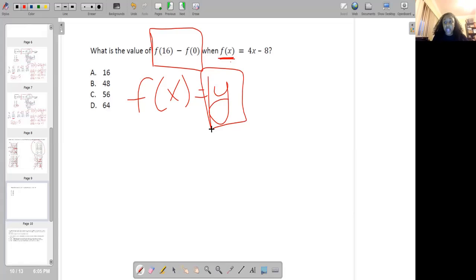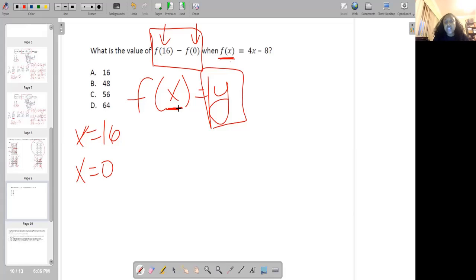Now, the thing that we're given already that they don't explicitly tell us is we know two x values. One of them is 16, the other one is 0. We found that because of the numbers we see inside the function. Usually we have x, but since x isn't there, remember our independent variable, and they replace it with numbers, that means that's what x is equal to.